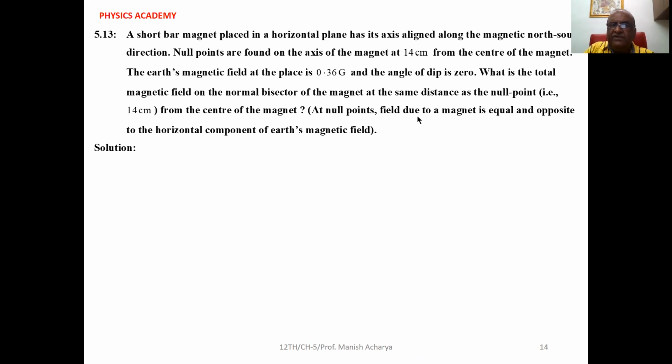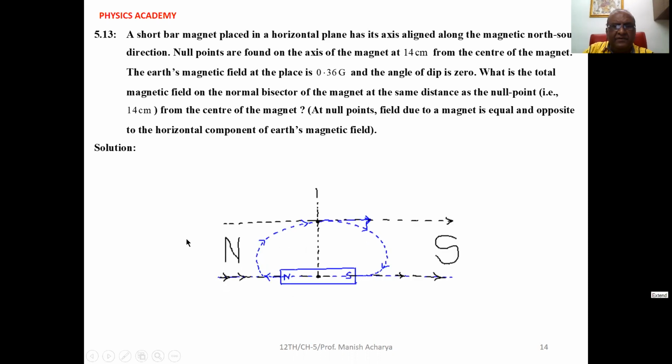At null point, field due to the magnet is equal and opposite to the horizontal component of Earth's magnetic field. Now, say, a short bar magnet is placed in a horizontal plane.